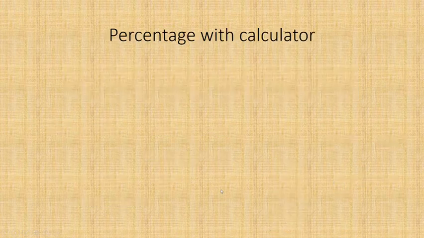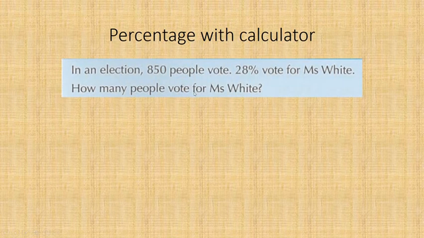Okay, let's go to our percentage with calculator lesson. I will just explain an example because it's very easy, since this lesson is based on 2 lessons before. Here, in an election, 850 people vote. 28% of them vote for Miss White. How many people vote for Miss White?